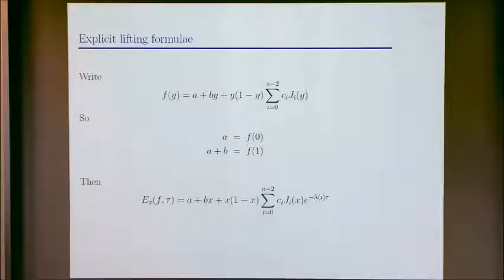You arrange f of 0 and f of 1 to kill the behavior at the boundary, and then you get this lifting formula where the constant and linear terms just lift straight off. The linear term lifting is just a restatement of the martingale property when you think about it for a microsecond. And then you get this Jacobi polynomial expansion, and you have to multiply by the relevant eigenvalues. This is a completely explicit lifting formula that allows you to lift any polynomial back one edge.